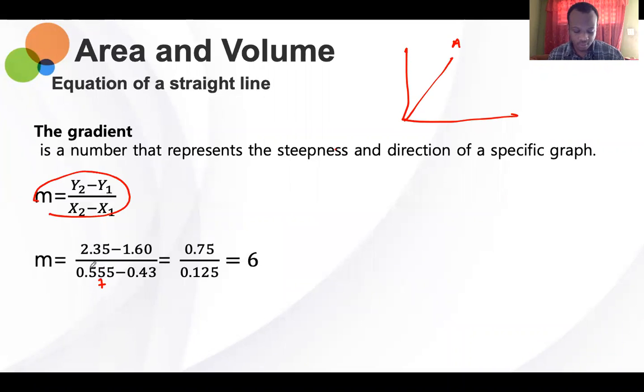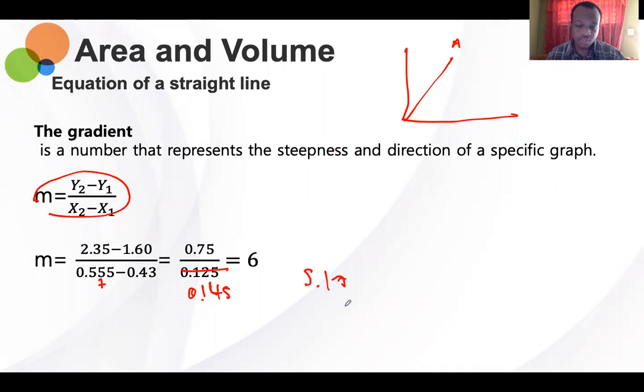So this should be 57.5. Let me just do that quickly. 0.575 minus 0.43, right, we get 0.145. And 0.75 divided by 0.145 is 5.17.